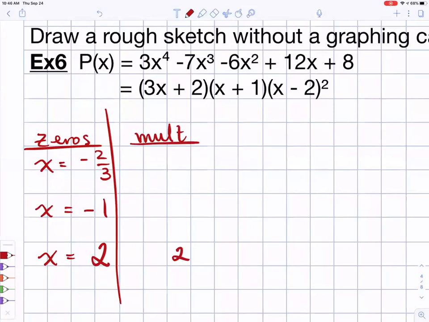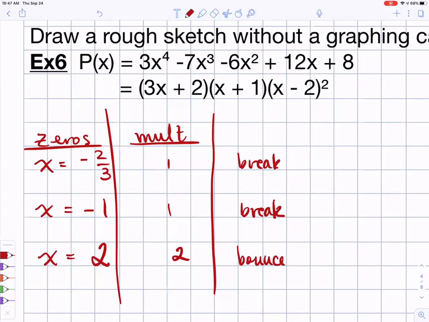What are the multiplicities for the other two? 1. Yeah. So what does that tell us then? Before we even start drawing the graph, a multiplicity of 1 tells us it's a what? Okay, I'm going to call that a breaker. And a multiplicity of 2 tells me it's a bouncer.